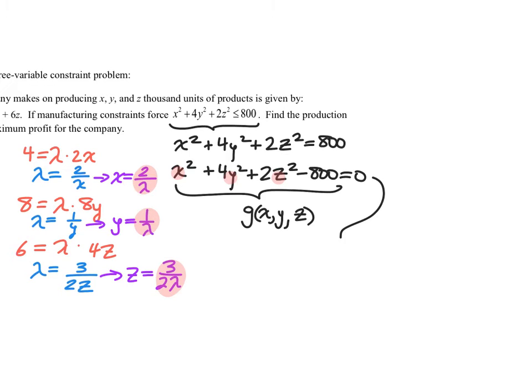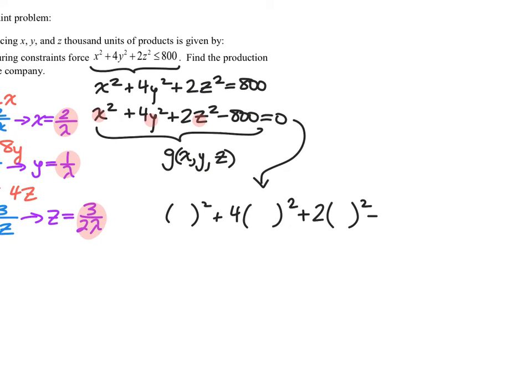Let me make the arrow a little bit longer. So, x squared plus 4y squared plus 2z squared minus 800 is equal to 0. So 2 over lambda, 1 over lambda, 3 over 2 lambda.